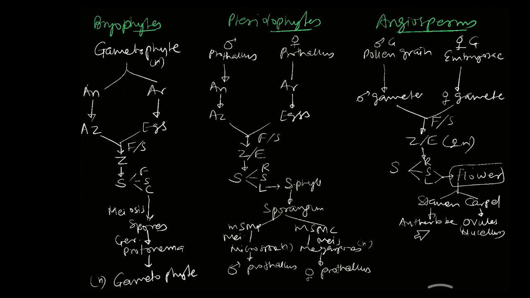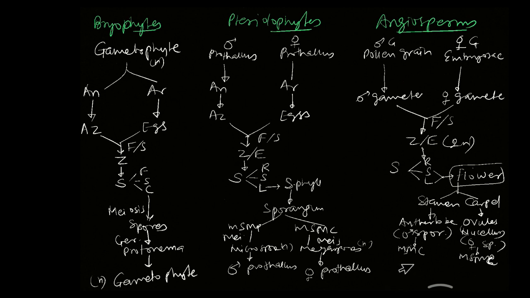Okay, so the anther lobe is homologous to the male sporangium, and the nucellus is homologous to the female sporangium. Okay, then in the anther lobe, microspore mother cells are present, and in the nucellus, one megaspore mother cell is present.